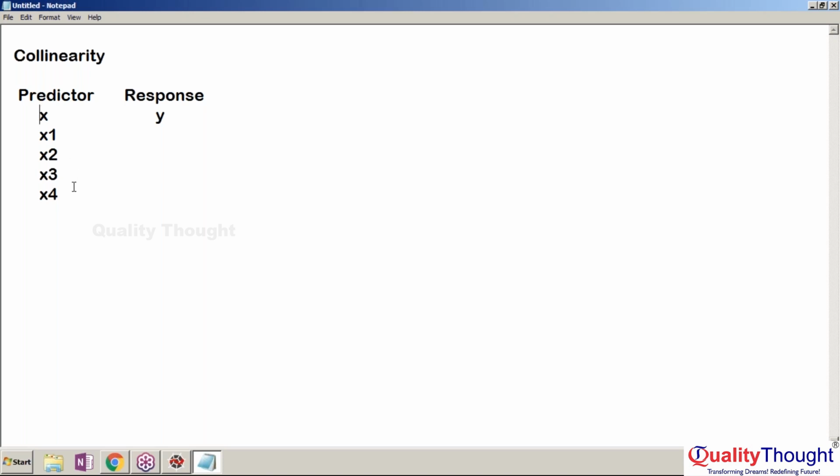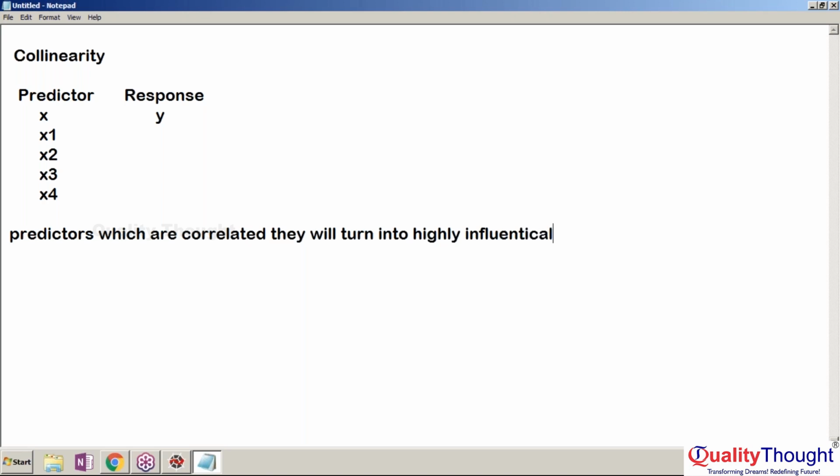So whenever we have predictors which are closely related, otherwise we can say which are correlated, they will turn into highly influential signatures that create the multicollinearity.